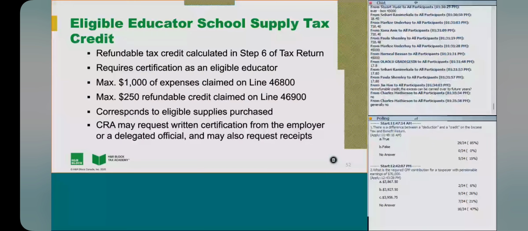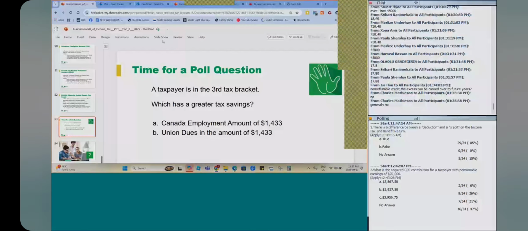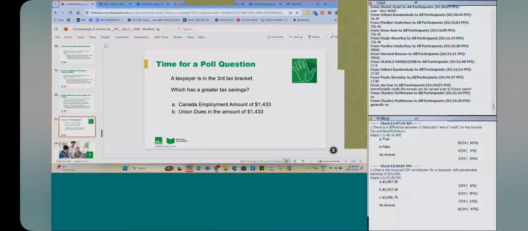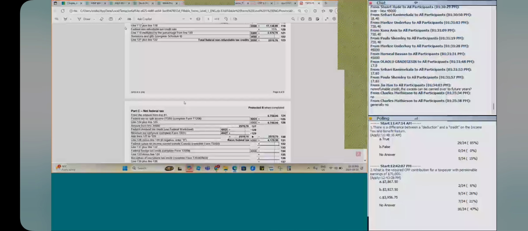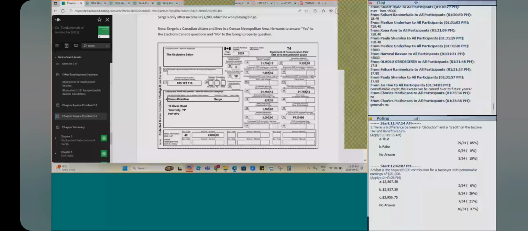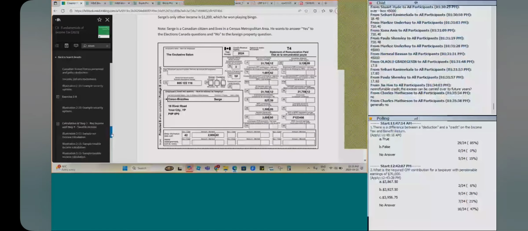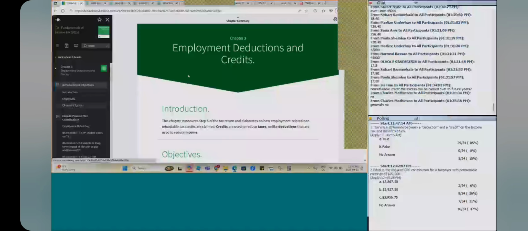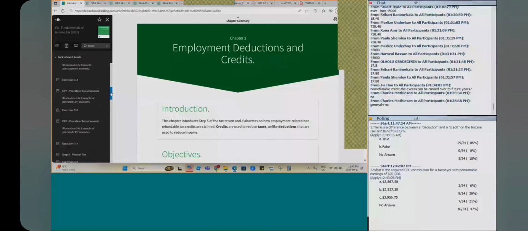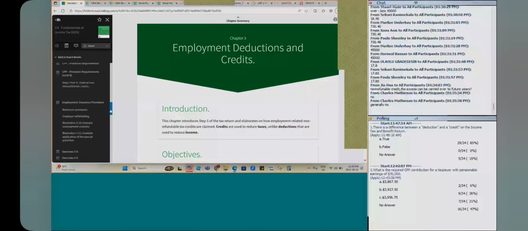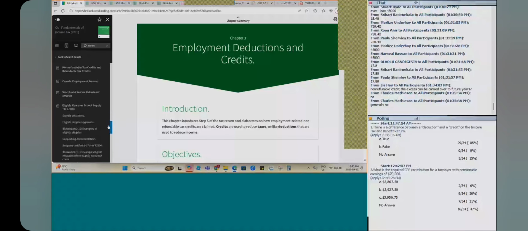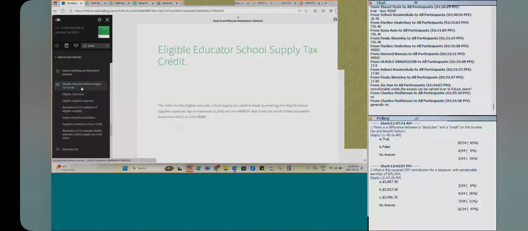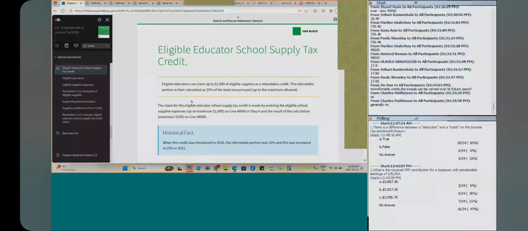So let's look at the textbook just to illustrate this. So if we go to the textbook here, which I have open in Edge, and we go to chapter 3. Here, and as you can see, more detail is applied here.